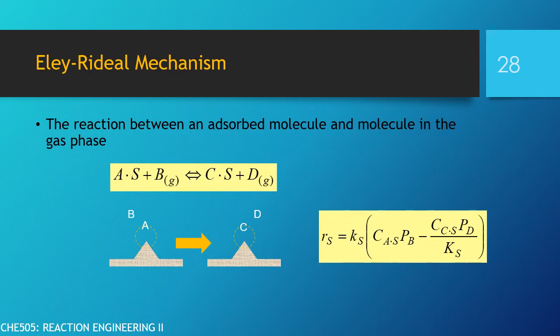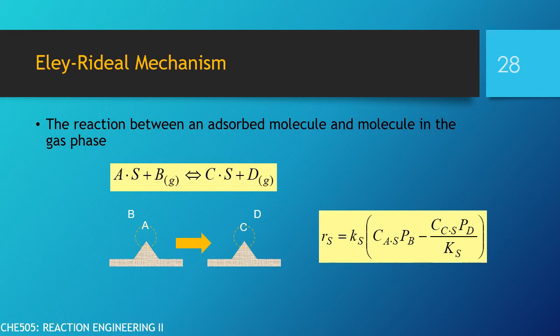Okay, then the next one is the Eley-Rideal mechanism. What is the difference of the Eley-Rideal mechanism from the single-site and dual-site mechanisms? In the Eley-Rideal mechanism, the reaction is between an adsorbed molecule and a molecule in the gas phase.